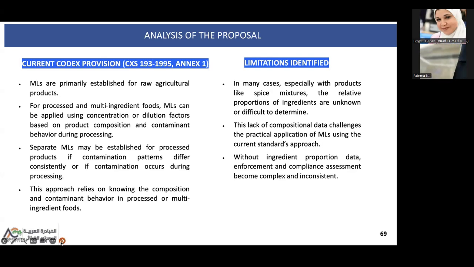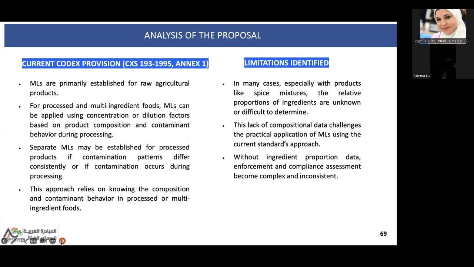Separate MLs may be established for processed products if contamination patterns differ consistently or if contamination occurs during processing. This approach relies on knowing the composition and contaminant behavior in processed or multi-ingredient foods.